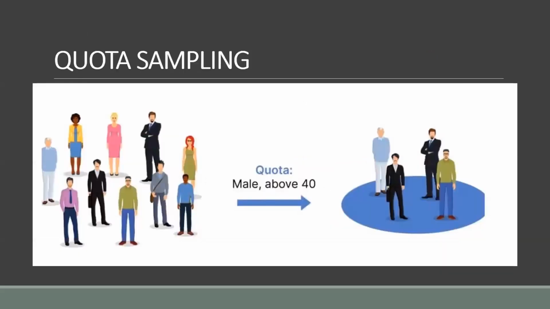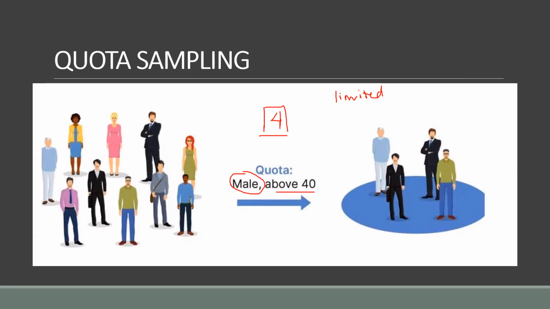Next type of non-probability sampling is the quota sampling. So in this technique, the sample size is limited. This would be limited based on the required number of subjects in the study. So let's say that from a total of 12 individuals, you would only obtain 4 individuals that are, from our representation being shown on your screen, male patients, which would be ages 40 and above.